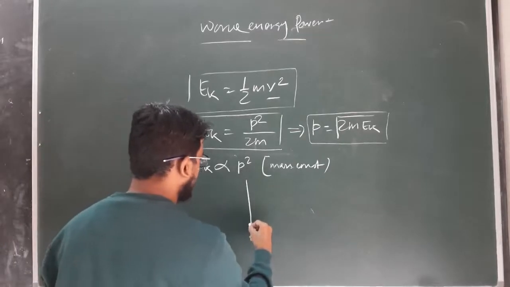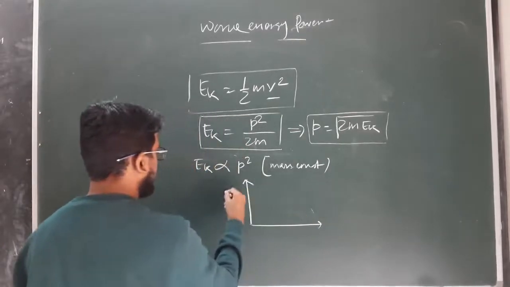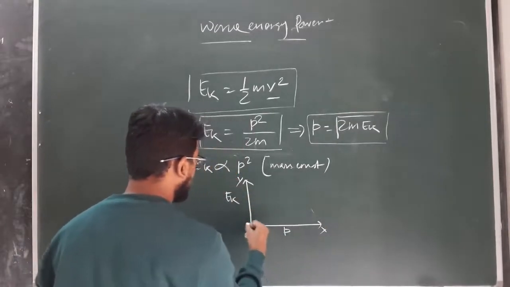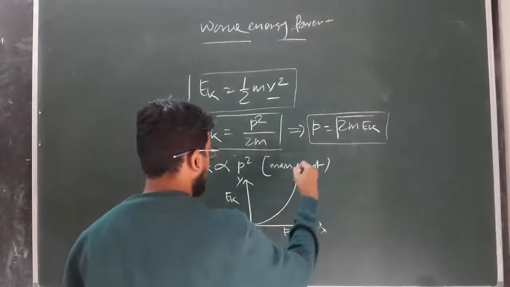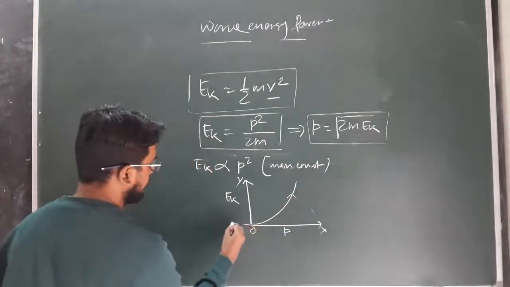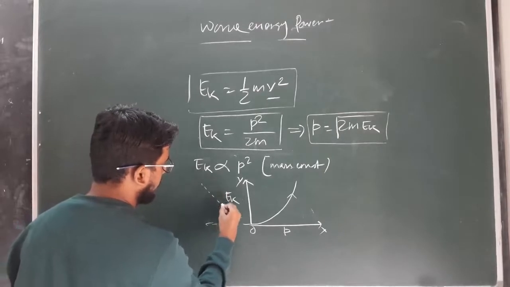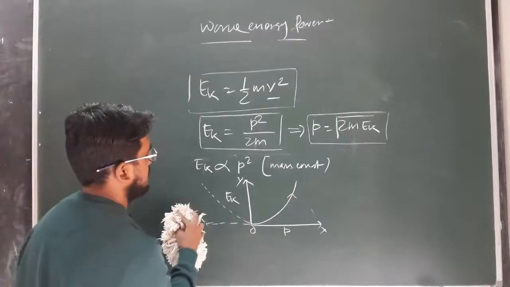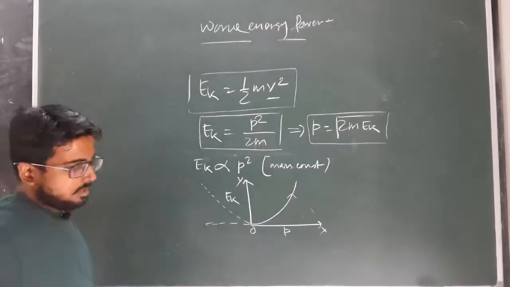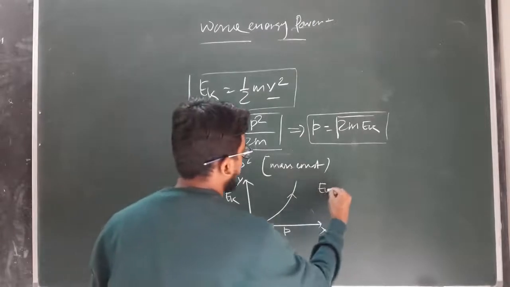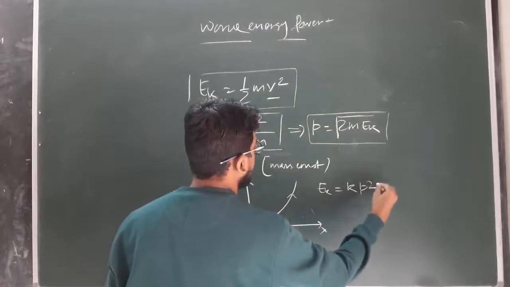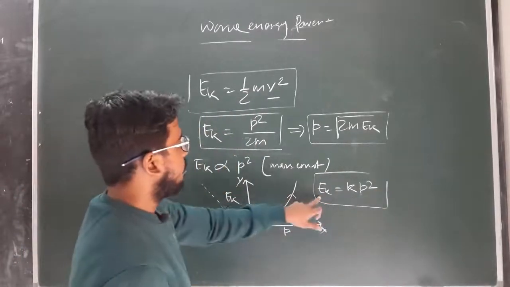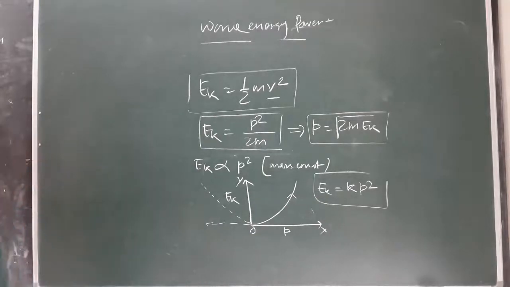Similarly, if we plot the graph taking kinetic energy along the y axis and linear momentum along the x axis, the graph will again be like a parabola, because from this equation we can write kinetic energy equal to some constant k into p square. So for both positive and negative values of p, the kinetic energy will be positive.